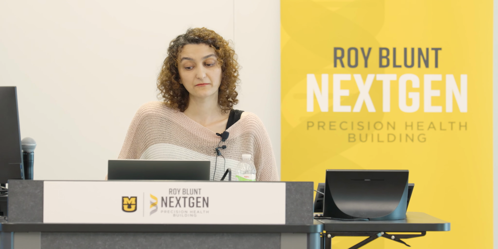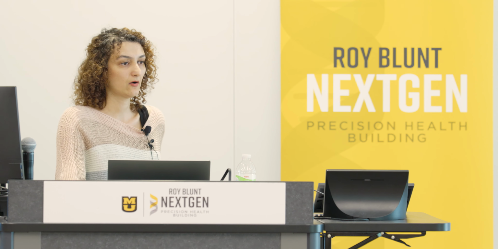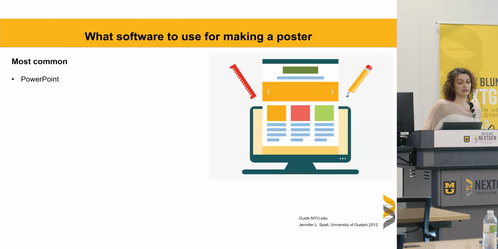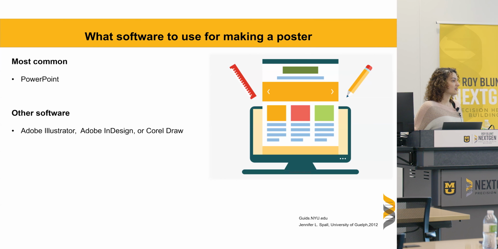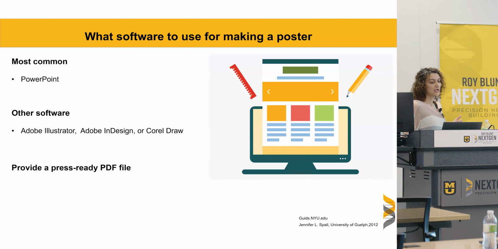So what kind of software can we use to make our poster? The first and most common thing people use is PowerPoint. The other option is Adobe. One of the good features Adobe gives you is a press-ready PDF file.